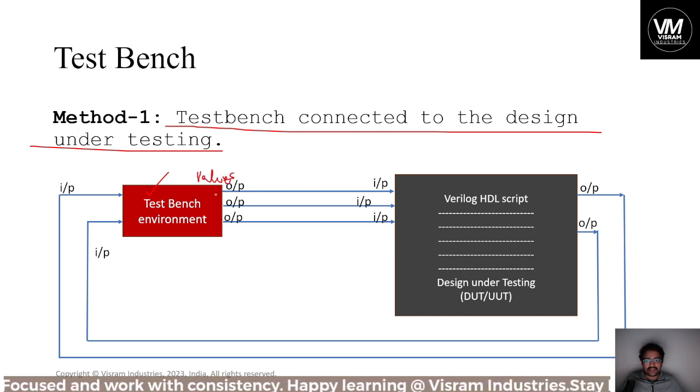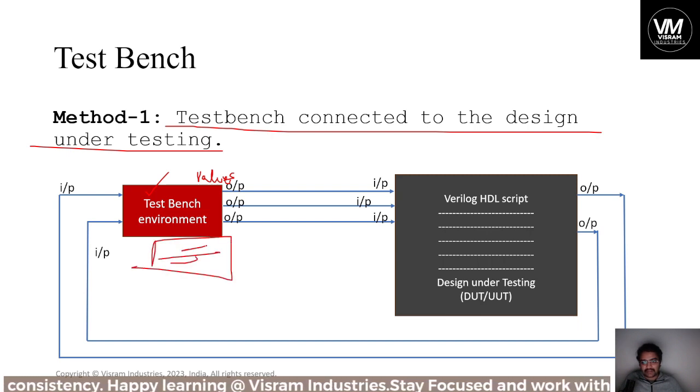Those values are sent through the device and collected at the feedback loop into the test bench. And you have logic here in the test bench environment, and with this logic your design under test can be verified.